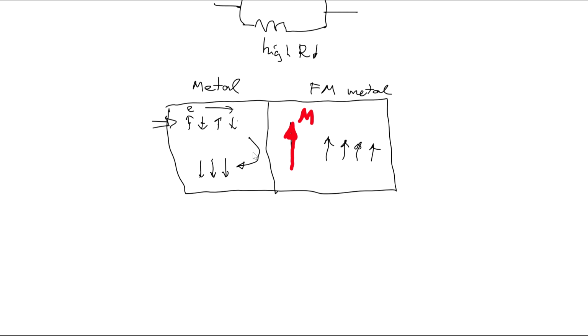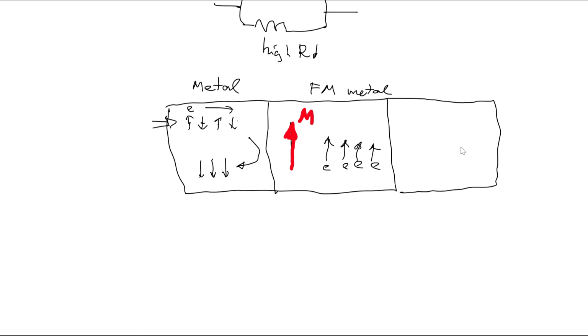So majority spins aligned with magnetization are preferentially transmitted and minority spins are preferentially rejected. Now if you look at the other side of this, then we have an electron. These are free electrons that form the current.